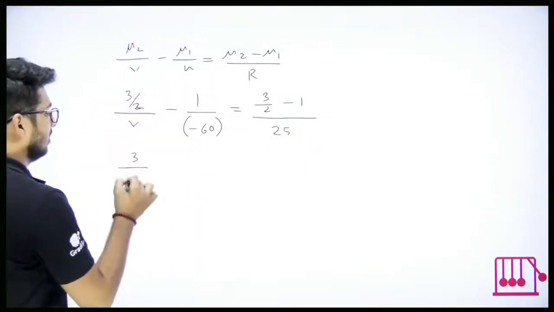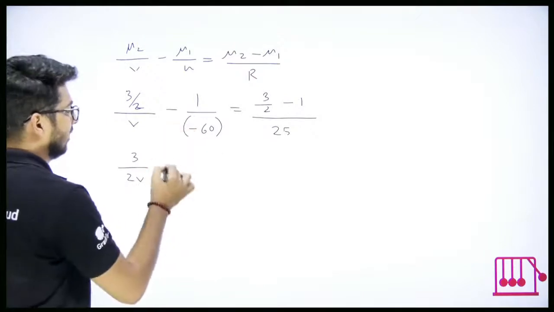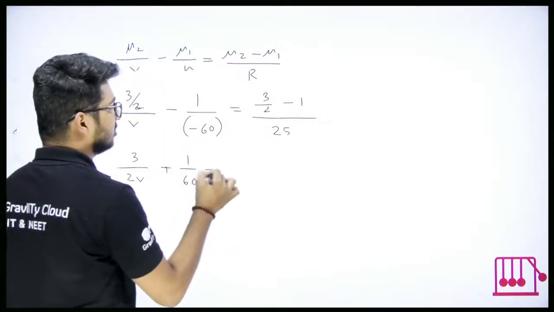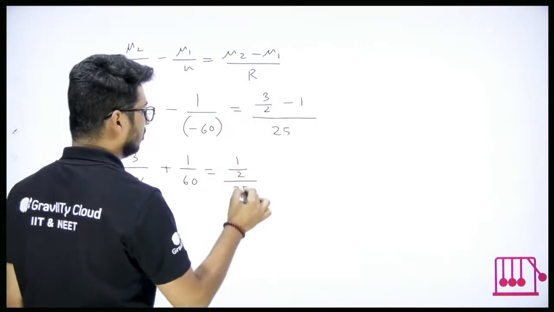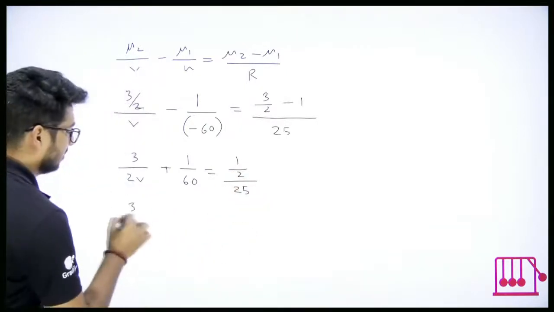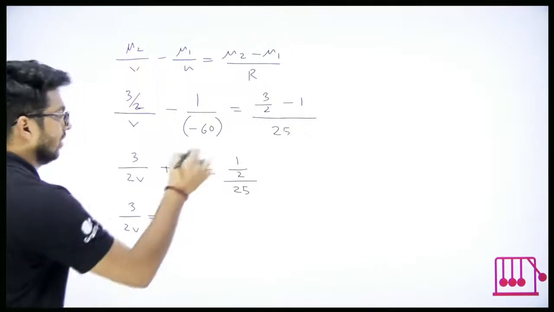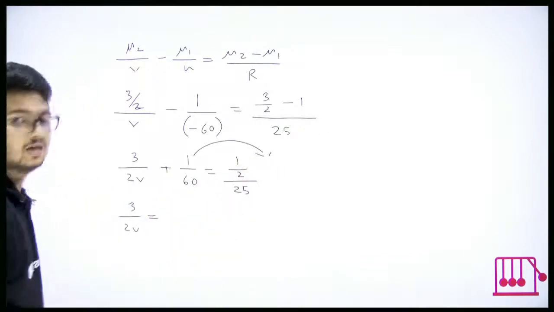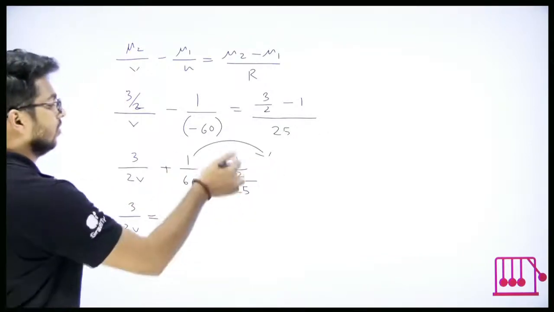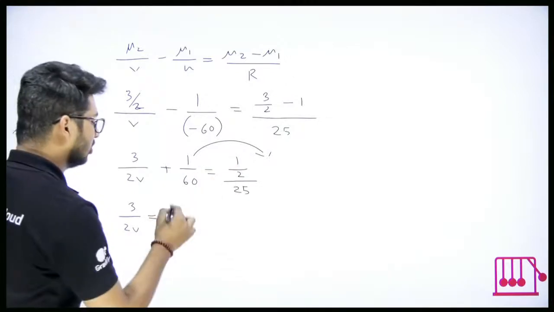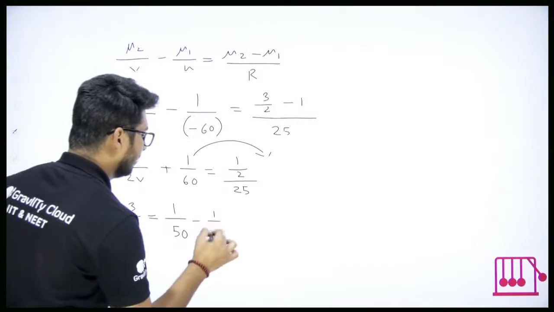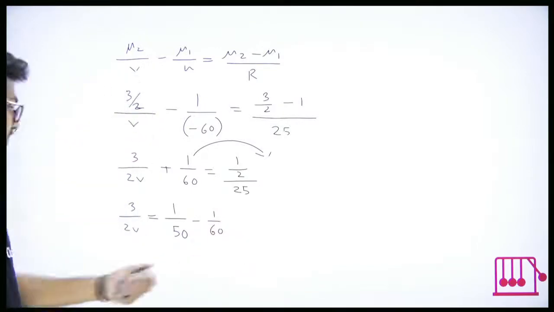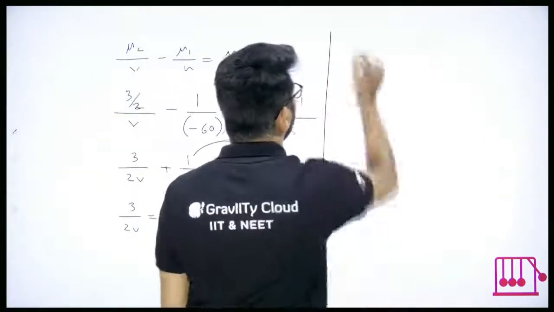Let us solve it. 3 by 2v, minus into minus plus, 1 by 60 is equal to (3 by 2 minus 1) by 25, that is 1 by 2 by 25. Then 3 by 2v is equal to 1 by 60 goes to that side and becomes negative. 1 by 2 by 25, 2 comes to the denominator, 2 into 25, 50. So 1 by 50 minus 1 by 60. Then proceed with the calculation.